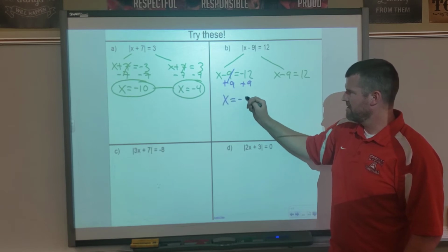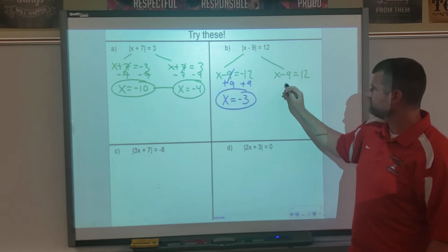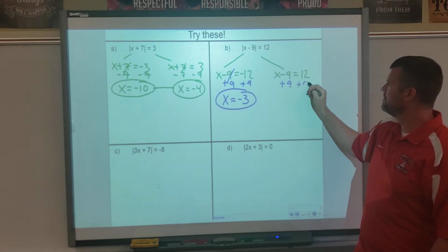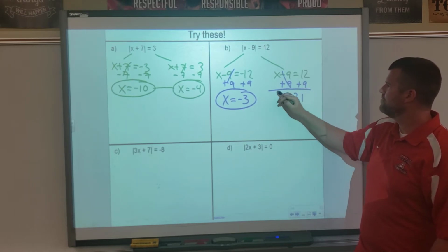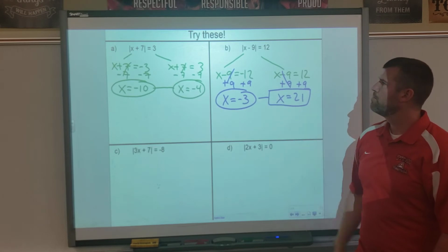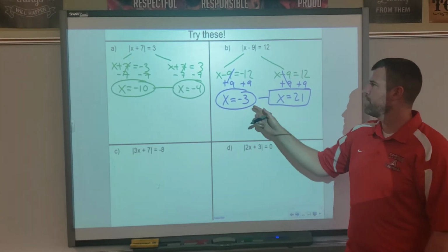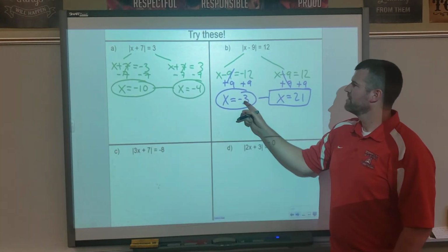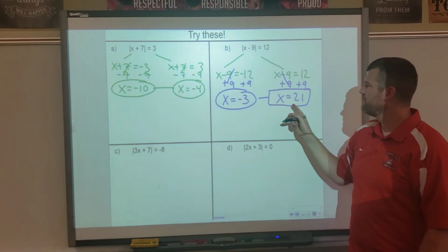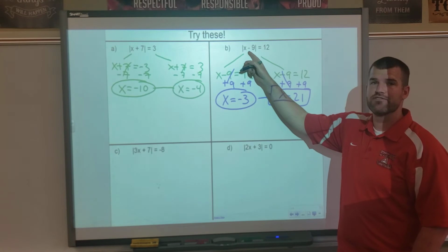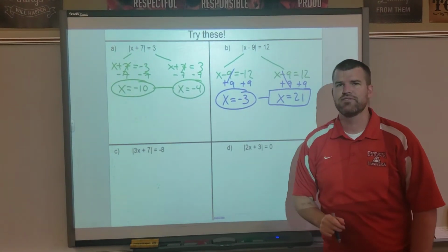X equals -3. Add 9. X equals 21. Both of those will work. I can double check by plugging them in. And if I plug this in, I get -12, which has an absolute value of 12. And if I plug this one in, I get +12, which also has an absolute value of 12.